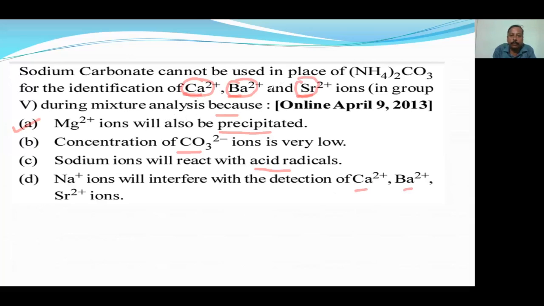Already we are confused whether calcium is available, or barium, or strontium. If magnesium is present, that will also be precipitated. So that's why sodium carbonate is not used in place of ammonium carbonate. Okay, so let us see the next question.